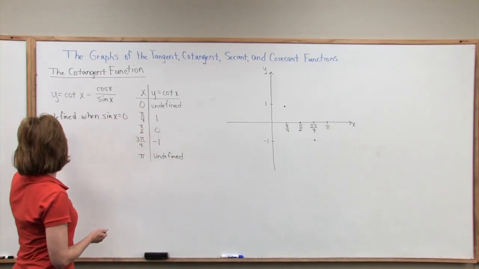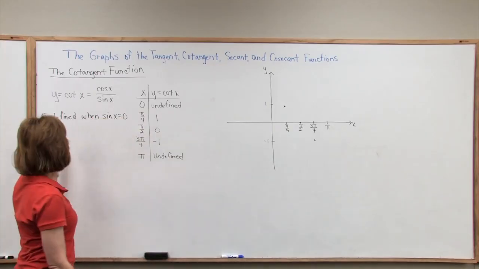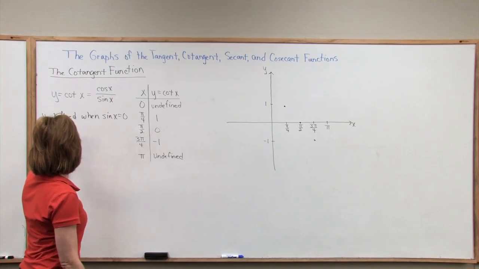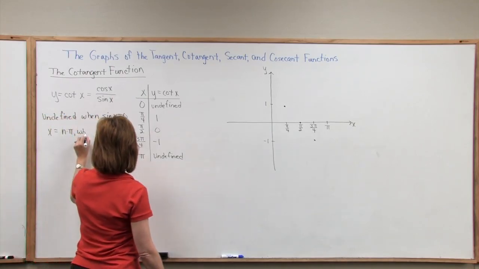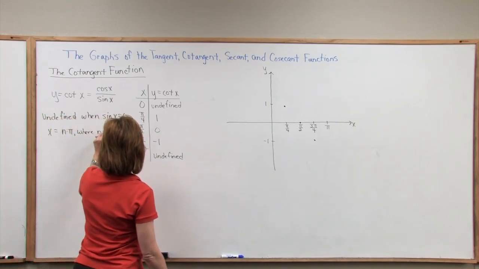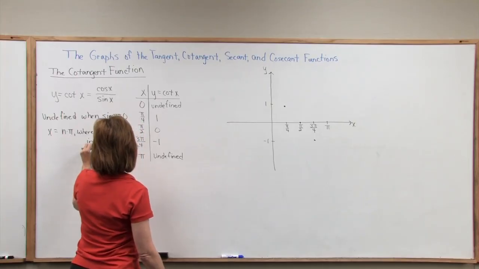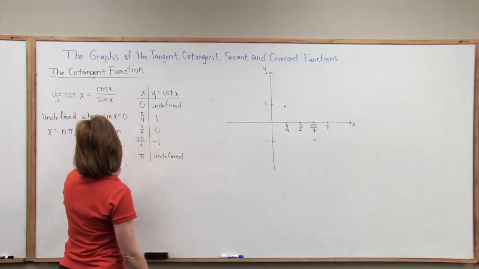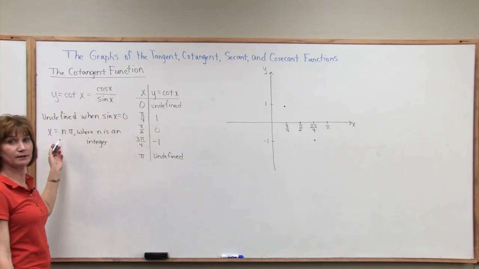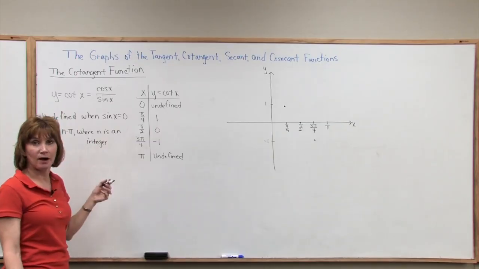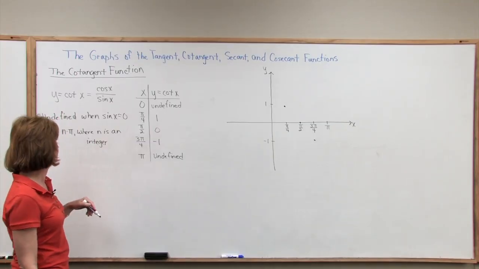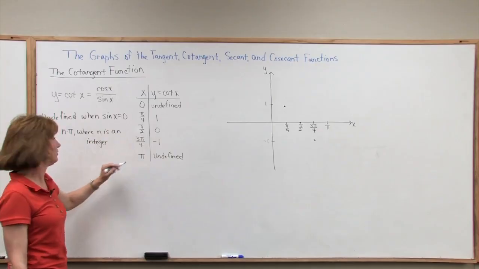That occurs when x is equal to n times pi, where n is an integer. So it's undefined, for example, at 0, pi, 2 pi, negative pi. I've listed those in my table.